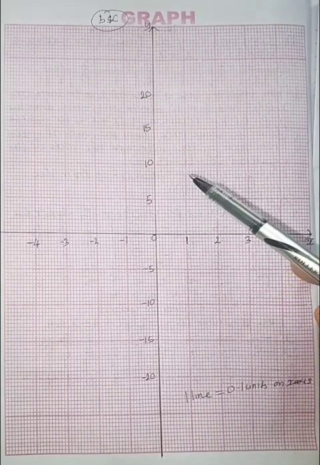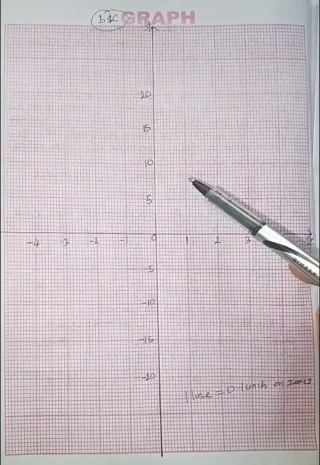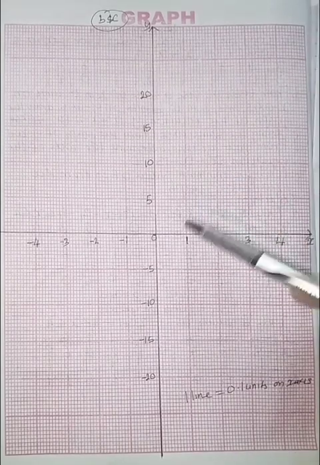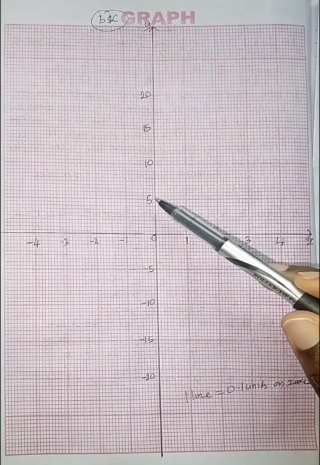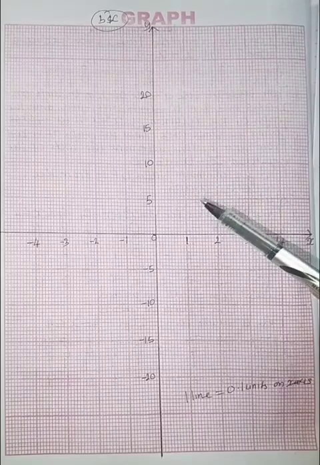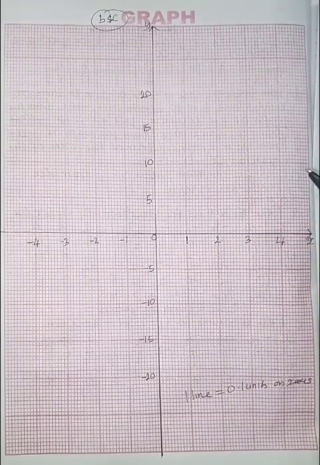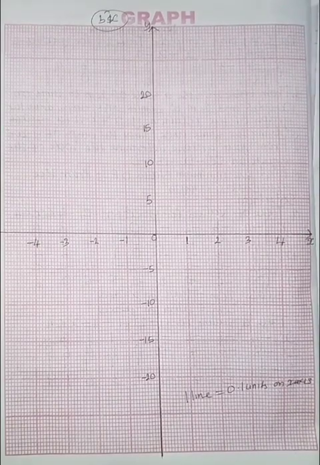Now, let's check for y-axis. 2 cm, which is 10 lines, is equal to 5 units. One line will be how many? You divide 5 by 10. 5 over 10 will reduce to 1 over 2, which is equal to 0.5.